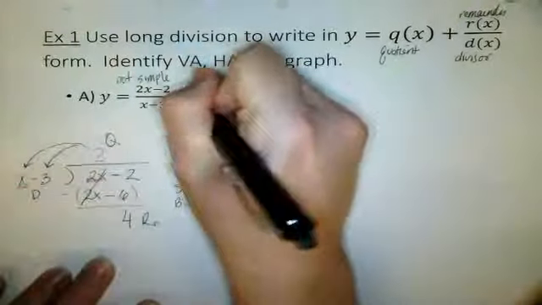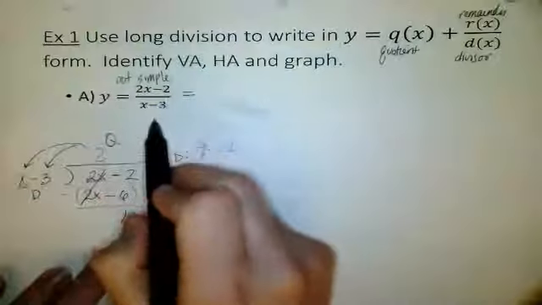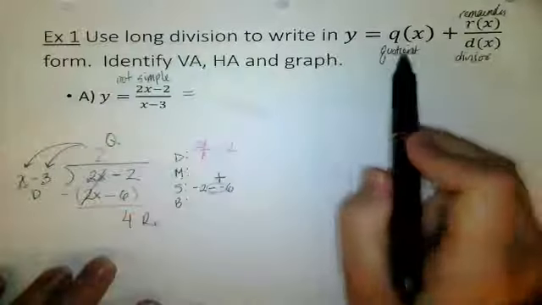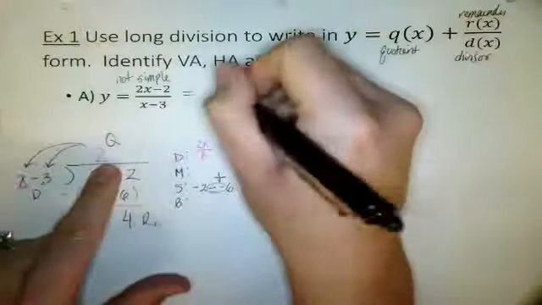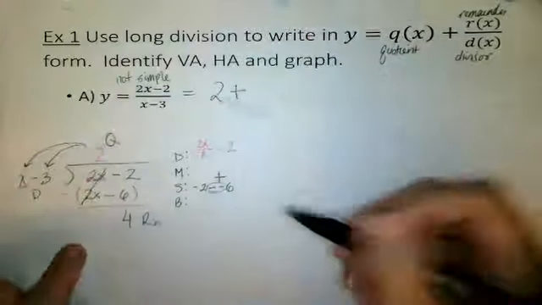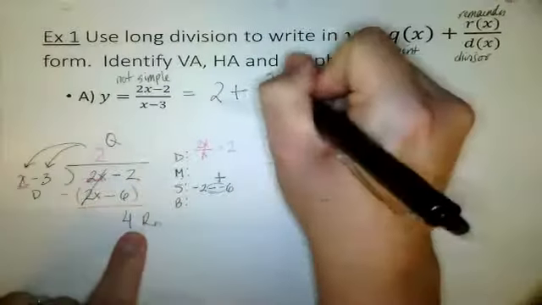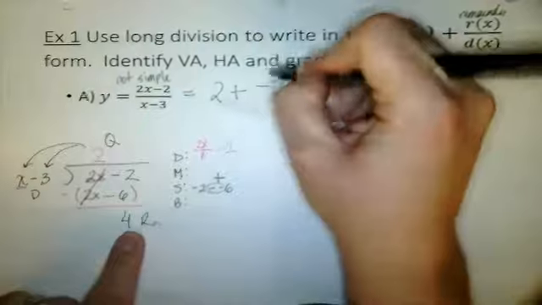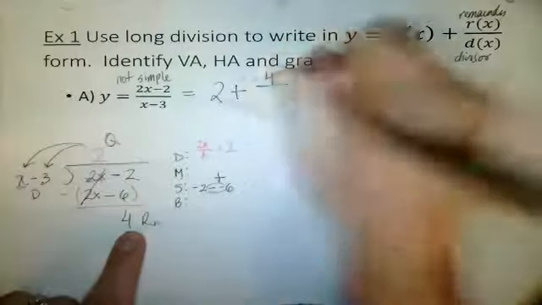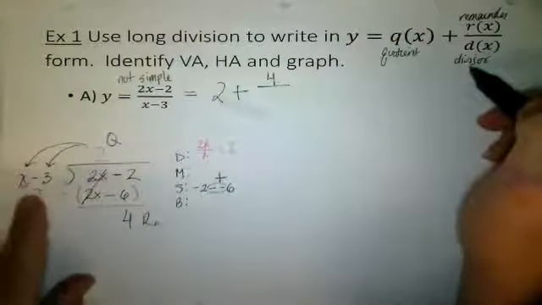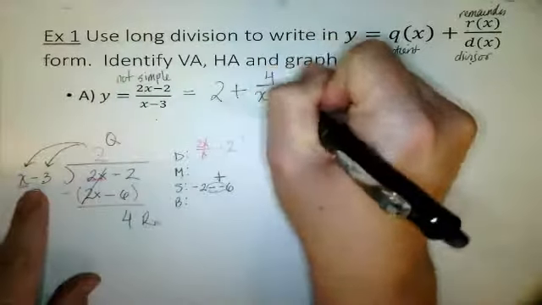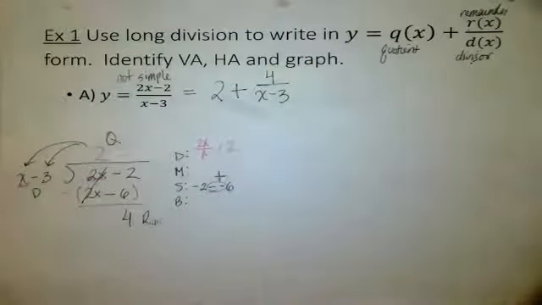And so this function that we started with can be rewritten as quotient 2 plus remainder, which is 4, over divisor. And the divisor is x minus 3. And now this form looks just like we had yesterday.